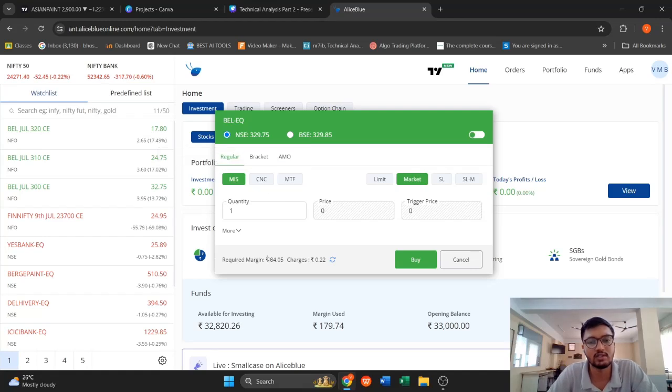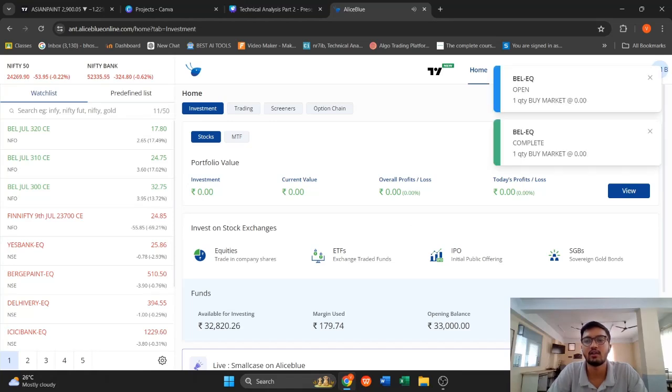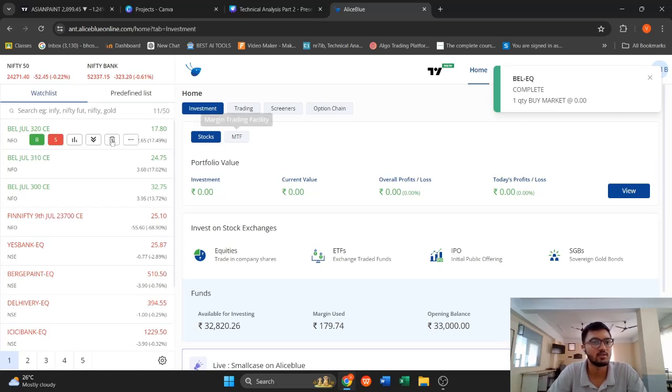You can see the amount it is taking is 84, because there is a 5x leverage. You can trade this stock with five times less the amount than the actual price of this stock. So I will go to intraday market, and I'll just put buy, and you can see the order has been completed, because I'm buying the stock at a market price.